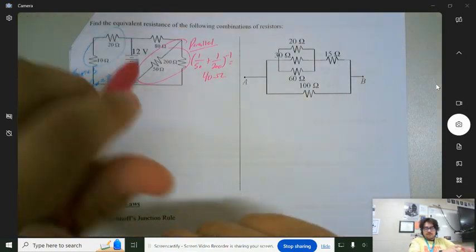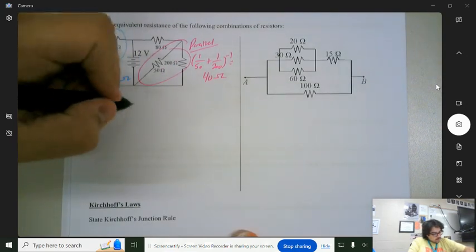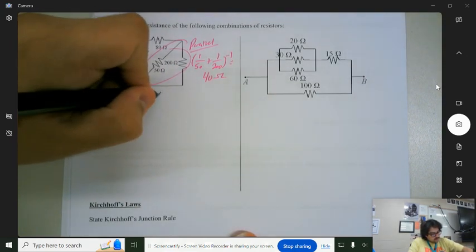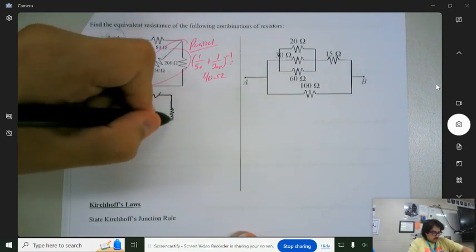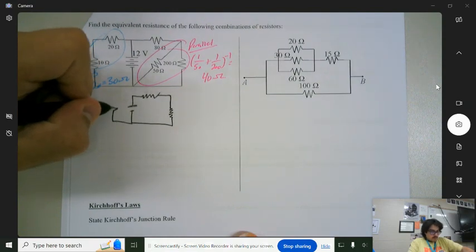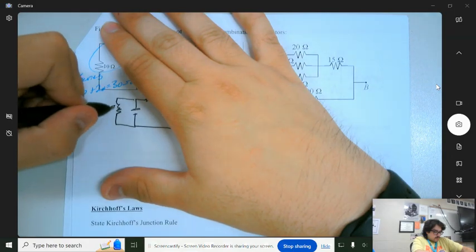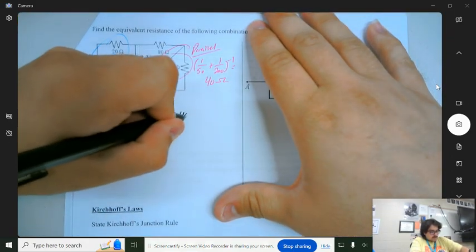Now we've resolved this circuit into a brand new circuit. We've got 30 ohms, we've got 80 ohms, and we've got 40 ohms.